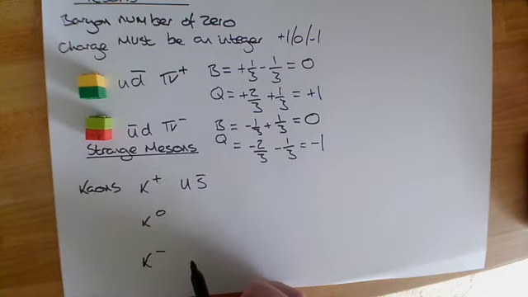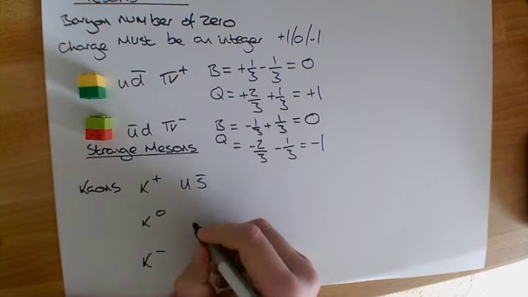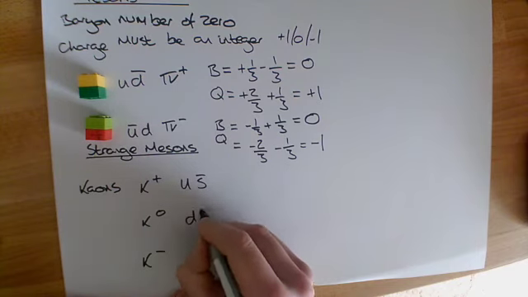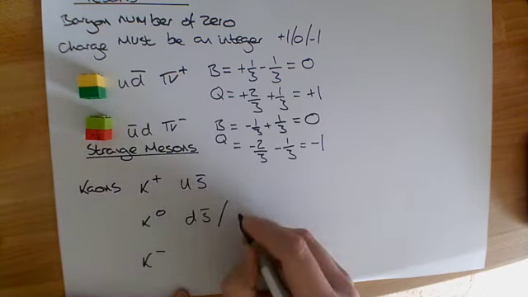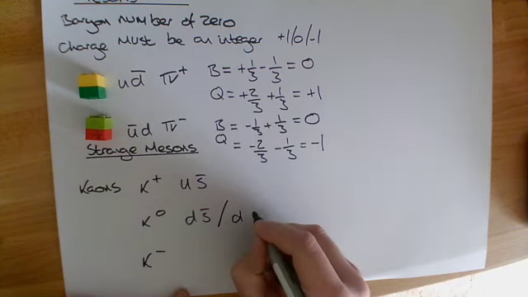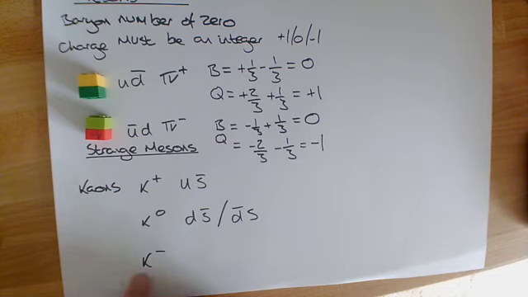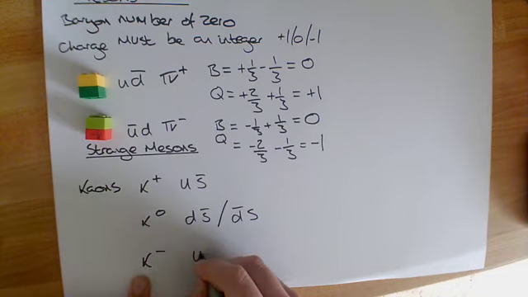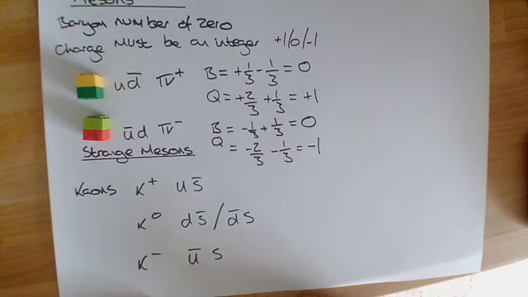For a K naught, there's two combinations of quarks that we can use: we can have down anti-strange, or we can have anti-down strange. And then a K minus gives us anti-up strange.